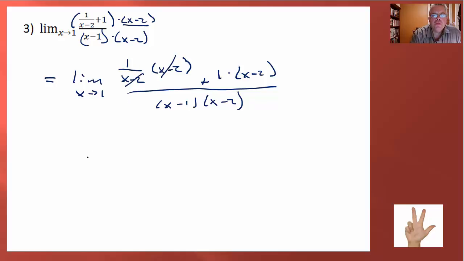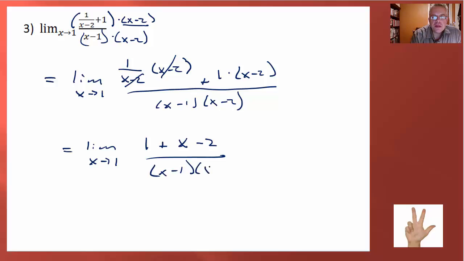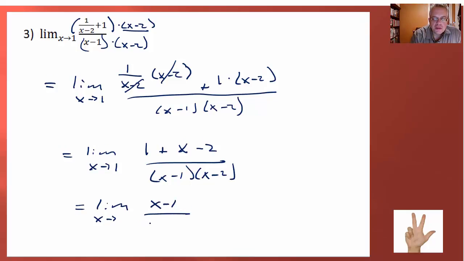These cancel. They leave me with 1. So we have the limit as x approaches 1 of 1 plus 1 times that is just going to be x minus 2 all over x minus 1 times x minus 2. Okay, things are happening. 1 minus 2 is negative 1, so this is the limit as x approaches 1 of x minus 1 over x minus 1 times x minus 2.